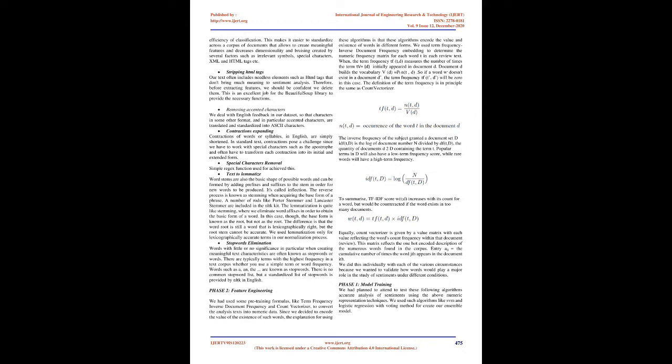Lemmatization is quite like stemming, where we eliminate word affixes in order to obtain the base form of a word. In this case, though, the base form is known as the root, not the stem. The difference is that the root is still a word that is lexicographically right, but the stem cannot be accurate. We used lemmatization only for lexicographically accurate terms in our normalization process. Stopwords elimination.